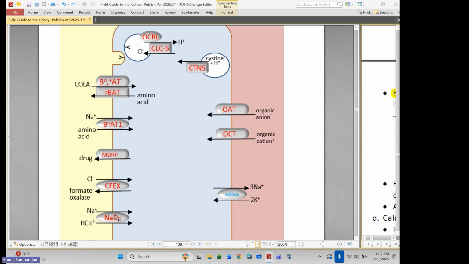So you should pay attention. And let's suppose you put someone on HCTZ and they get hypokalemic. Their urinary calcium goes down, but their urine citrate goes down. How are you going to address that? Well, I'm not going to give them potassium citrate. I don't have to.